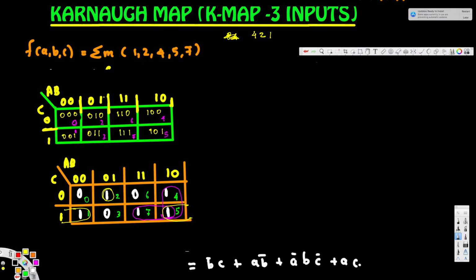Now we have to look at the only variable that's changing. Okay, let's start with this one to clarify this concept. Here the first term is for A, the second term is for B, and this one is C, right?